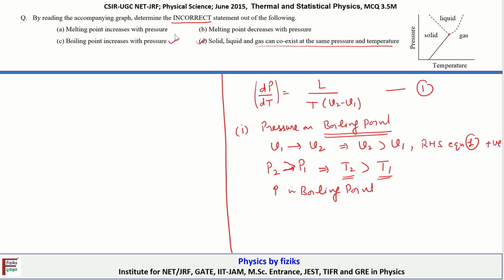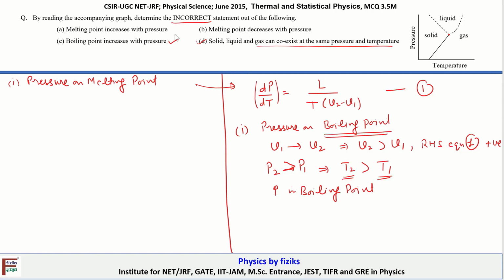Now let's take a look at how the melting point is influenced. Let's try to understand the influence of pressure on melting point. Here we will have two different situations. We will make use of the same equation to predict the dependence of the melting point on the pressure.